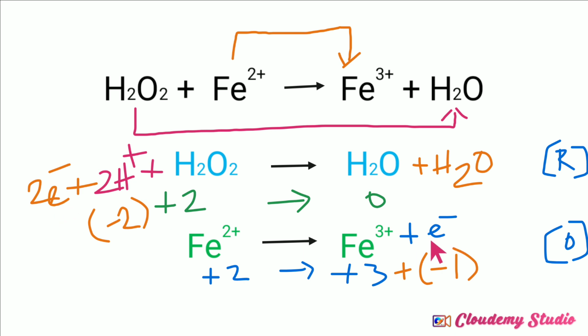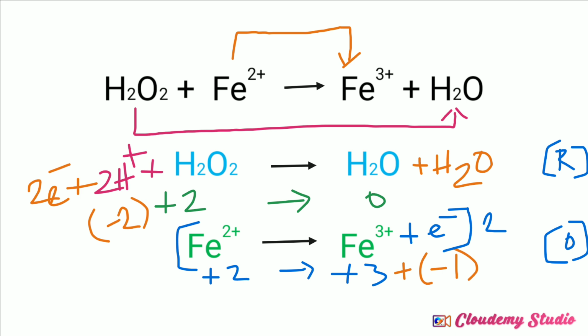But the number of electrons lost is only 1 electron. Therefore, in order to make the number of electrons equal, this oxidation reaction has to be multiplied by 2 times. So the whole equation we need to multiply by 2 times.